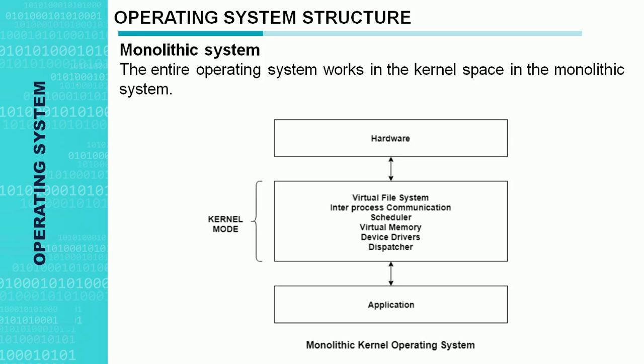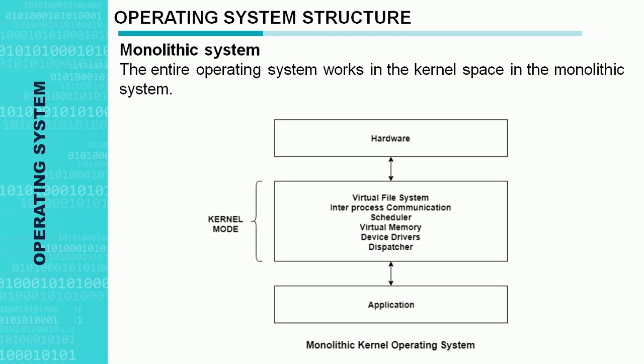The entire operating system works in the kernel space in the monolithic system. So the size of the kernel as well as the operating system increases, and here the kernel plays a major role. In kernel mode we have virtual file system, interprocess communication, scheduler, virtual memory, device drivers and dispatcher.